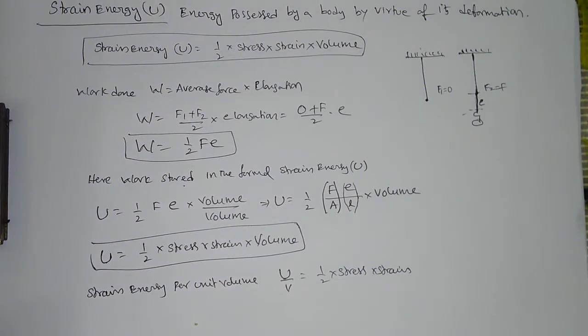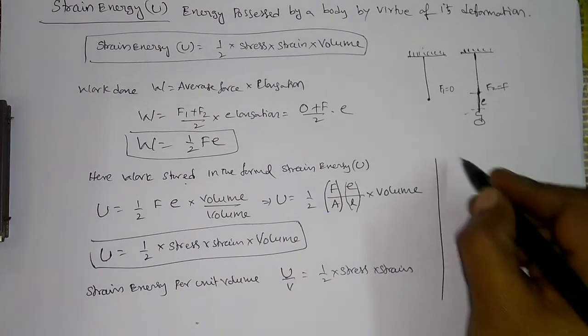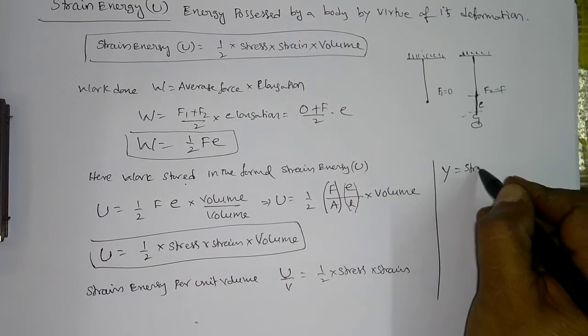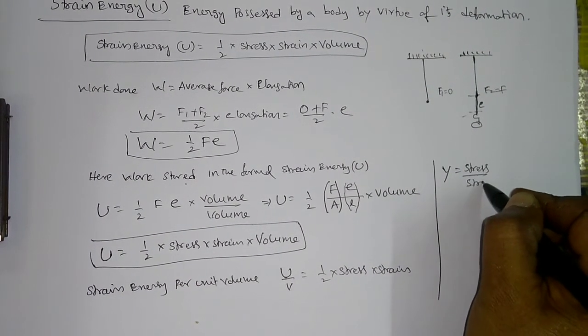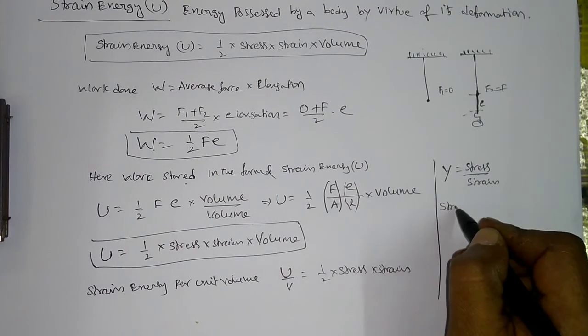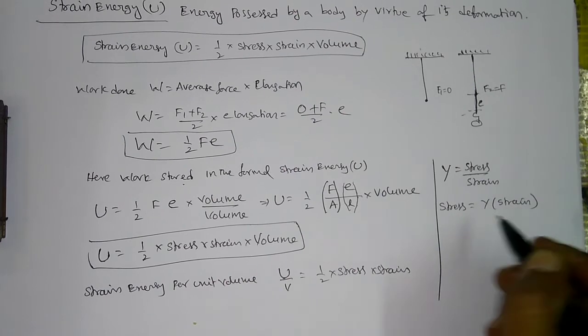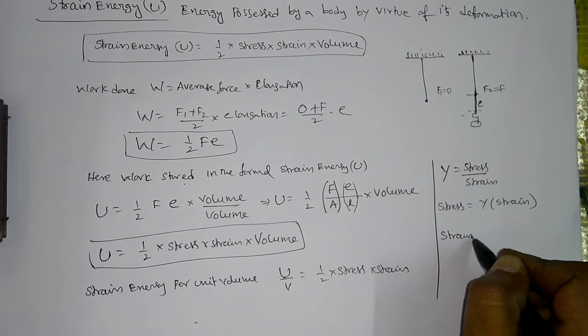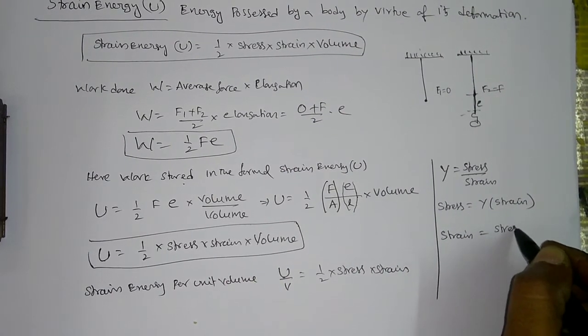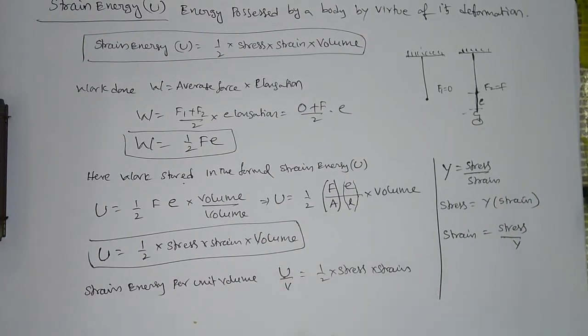You can apply the formula for Young's modulus also here. As you know, Young's modulus is equal to stress by strain. Or simply stress is equal to Y into strain, or strain is equal to stress by Young's modulus. You can apply these formulas here.